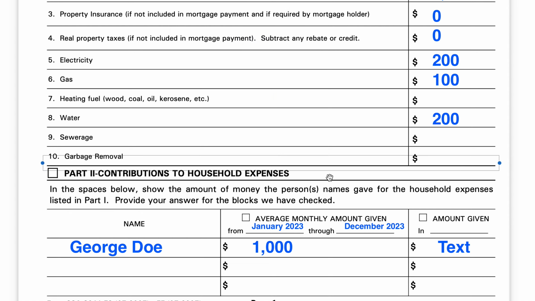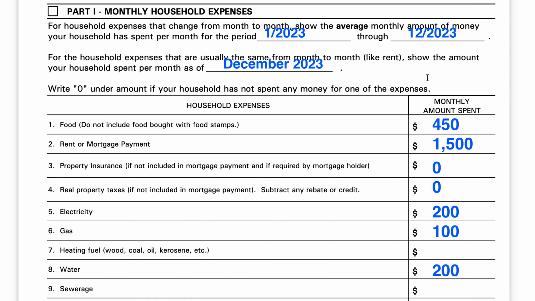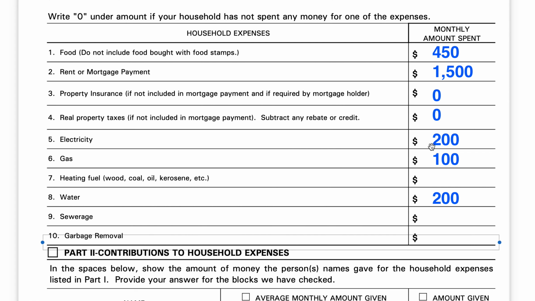There we go. So now this person processing the form can take a look at this and they don't have to make any translations. It clearly states that, as of December 2023, the fixed payments are current, and then all of this is an average over the cost over the year.